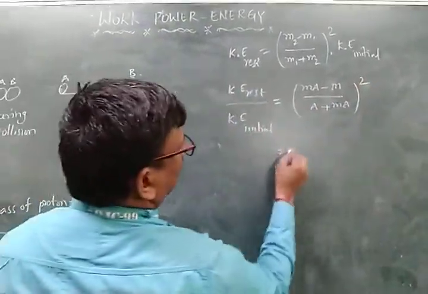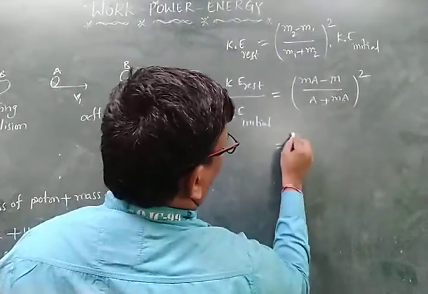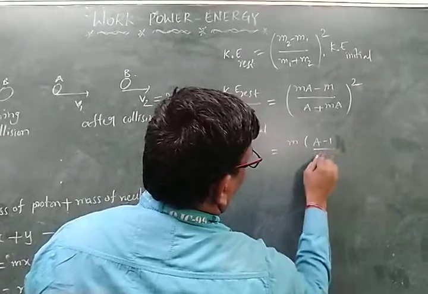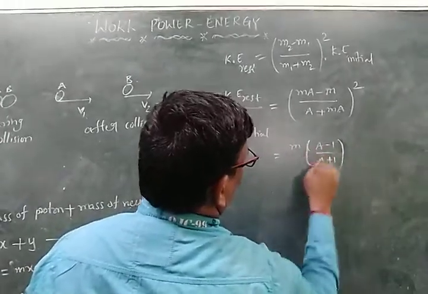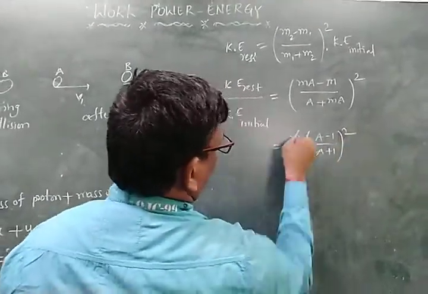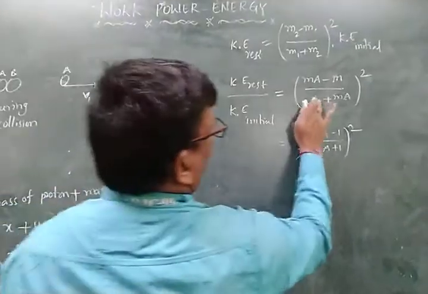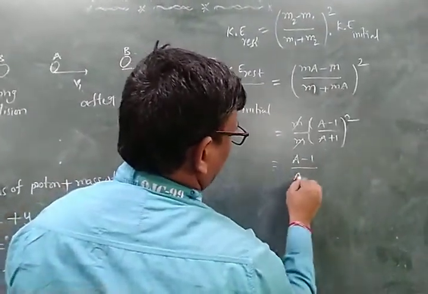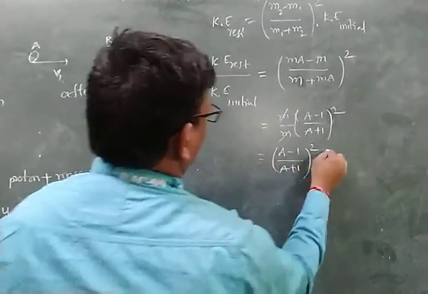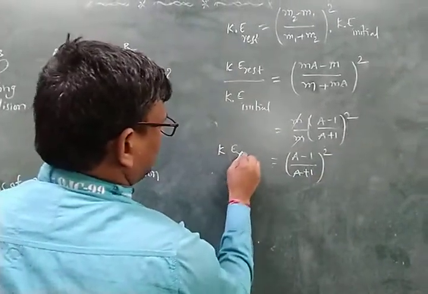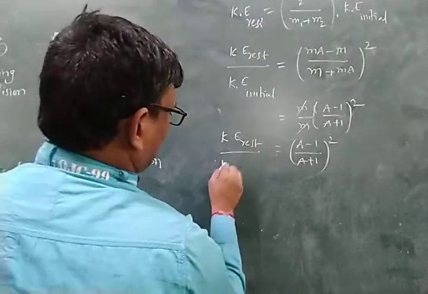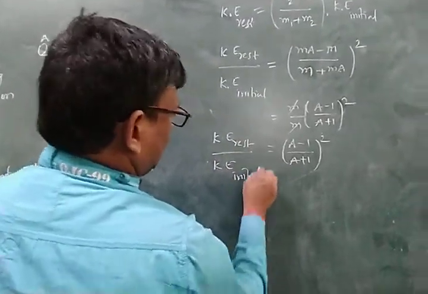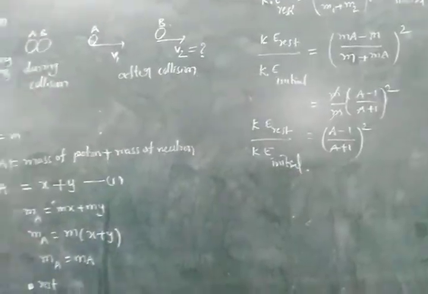Taking m common, A minus 1 by A plus 1 whole square divided by m, m gets cancelled. That is equal to A minus 1 by A plus 1 whole square, which is kinetic energy rest by kinetic energy initial.